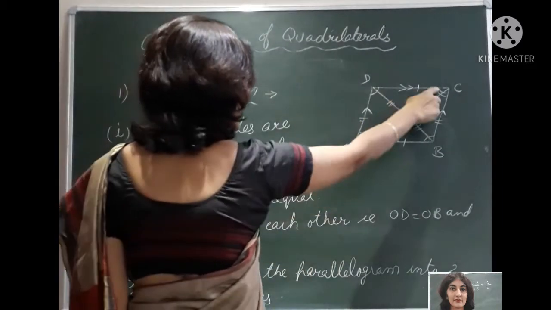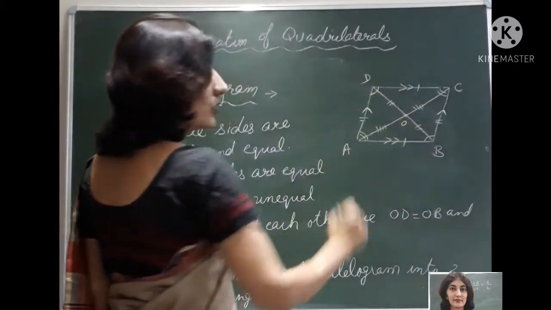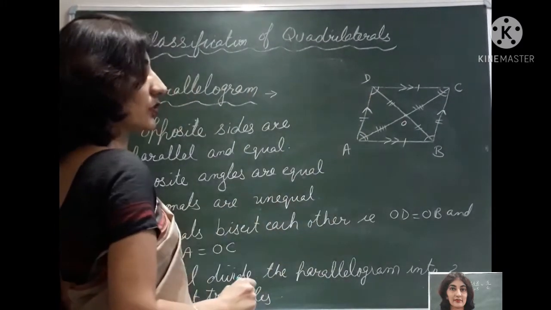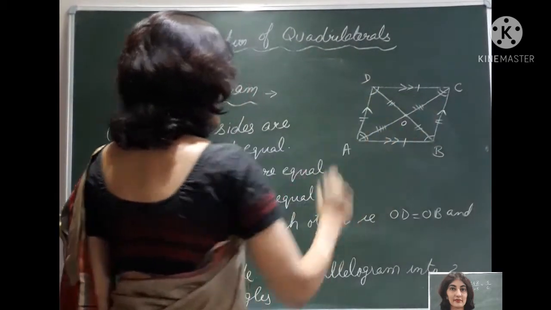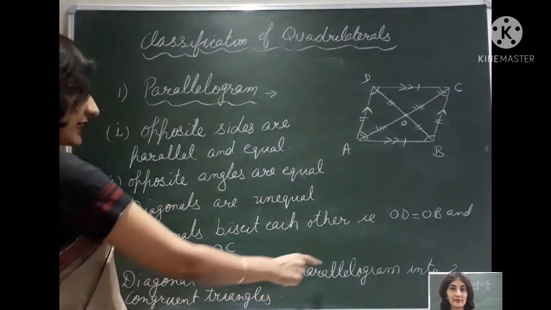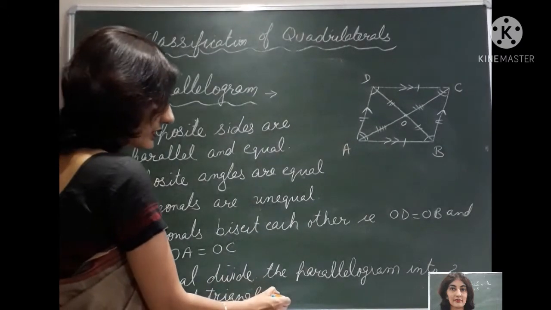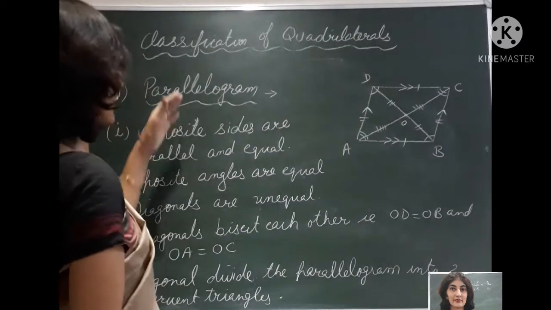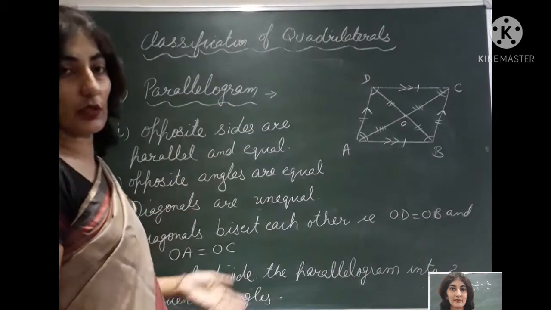Then side CD is equal to side AB and side AD is equal to side BC. So by SSS congruency rule, these two triangles ADC and ABC are congruent. So the diagonal divides the parallelogram into two congruent triangles. Parallelogram is a special type of quadrilateral with all these properties. Remembering these properties, we will do the questions.